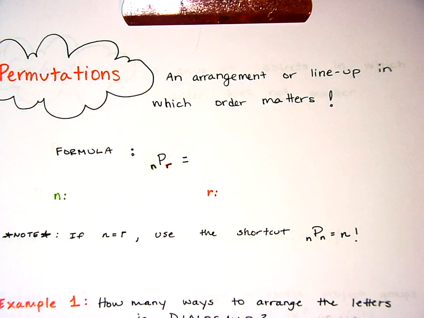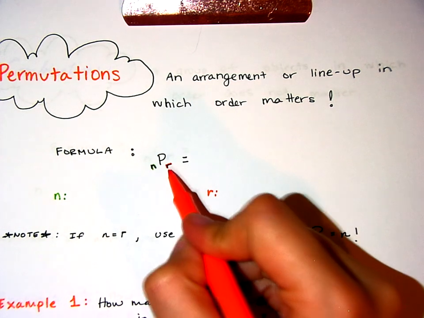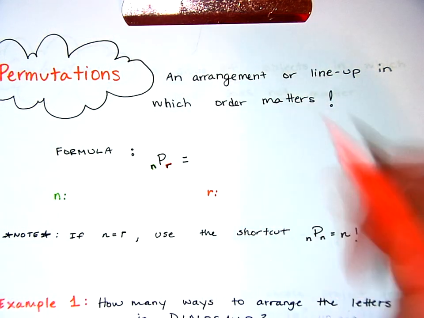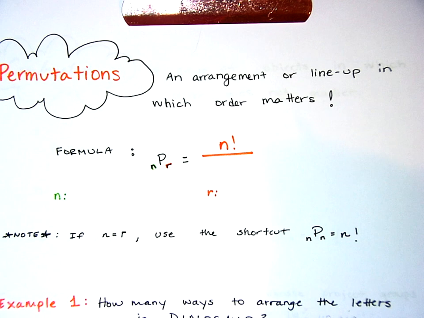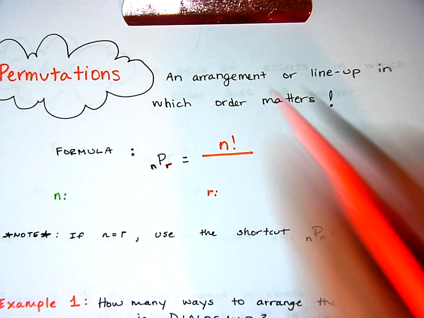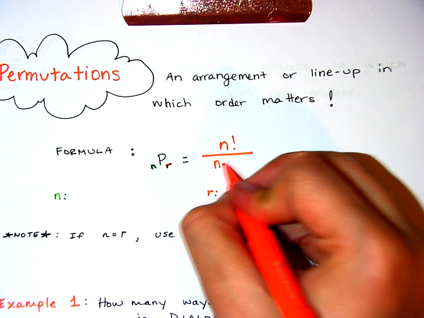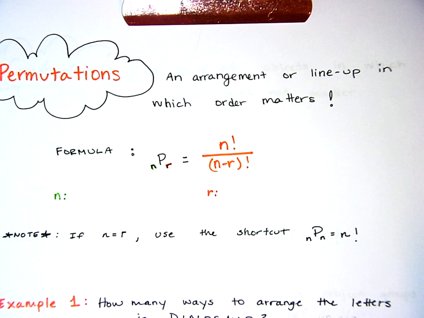Okay, so our formula for our permutations is going to be nPr. I like to say n-P-i-c-k-r, but let's write the formula. It's n factorial divided by n minus r factorial.